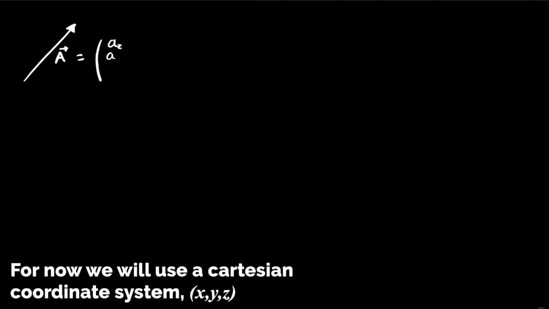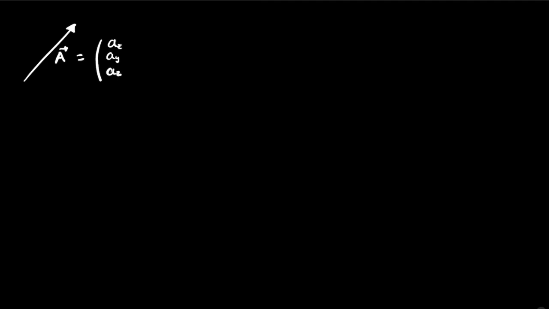And so say we have some typical vector right here. Well, we're going to have a vector which could, in theory, depend on all of the coordinates. So here's our vector A. It's going to have 3 components, Ax, Ay, and Az.